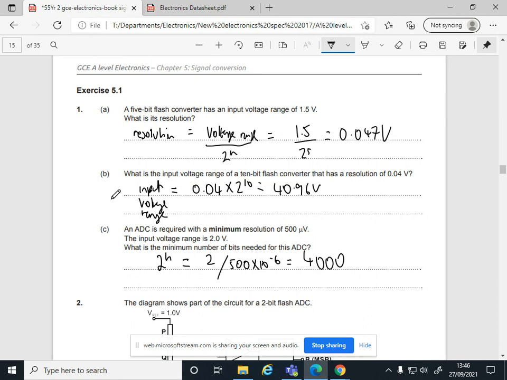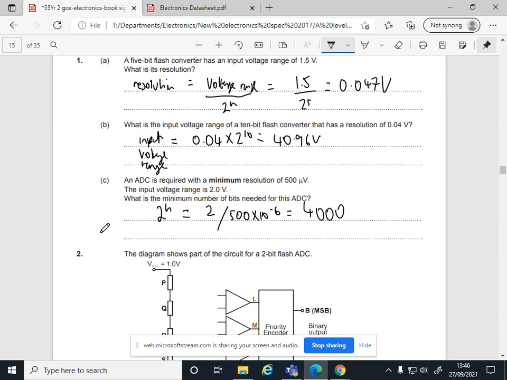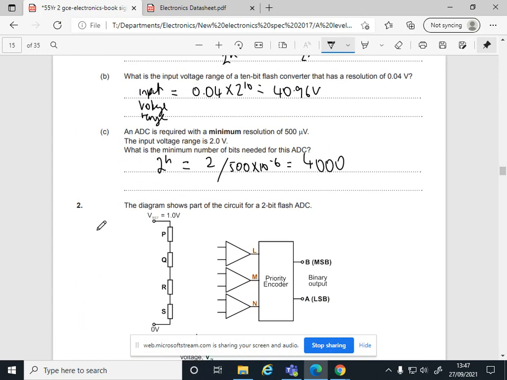So what's the number of bits needed? So 4,000 total levels. Okay. So what is it going to be? Well, then you need to do a bit of trial and error. You can rearrange the equation, but I'm just going to show you this. 2 to the power 10 is 1,024. 2 to the power of 11 is 2,048. 2 to the power 12, keep going till it goes over the 4,000 mark, is 4,096.